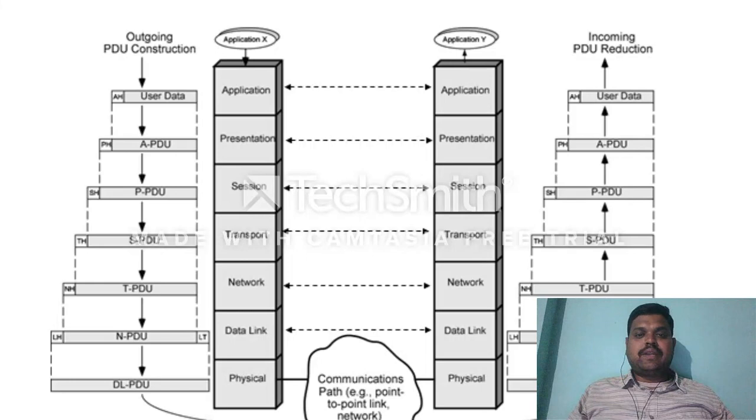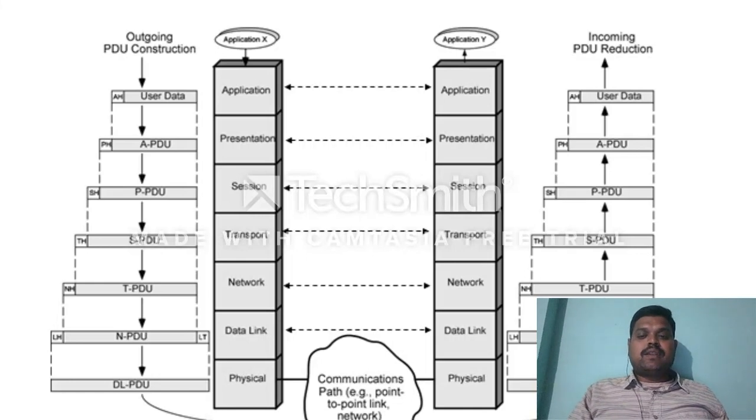And this is how the data will flow through the layered structure of the OSI model. See, the message is passed from the application layer to the presentation layer, presentation to session, session to transport, transport to network, network to data link, and then the physical layer, right?